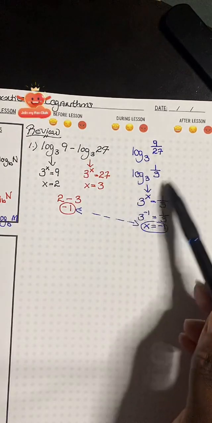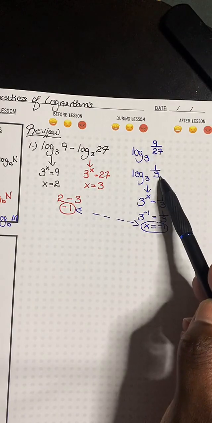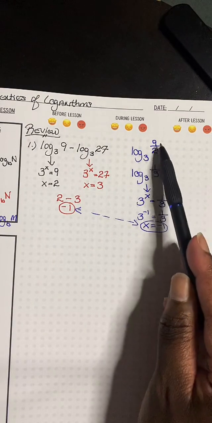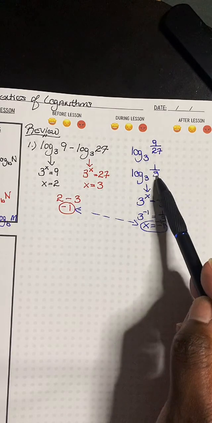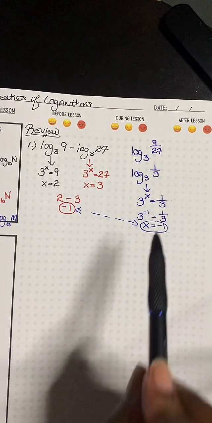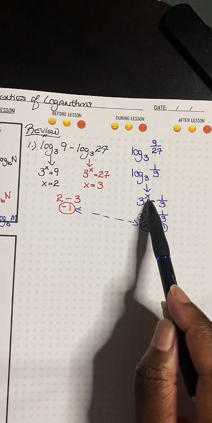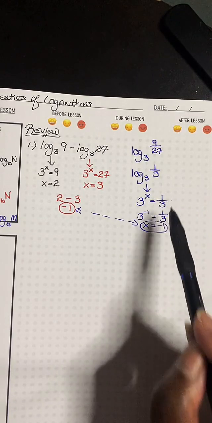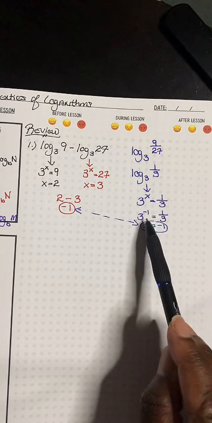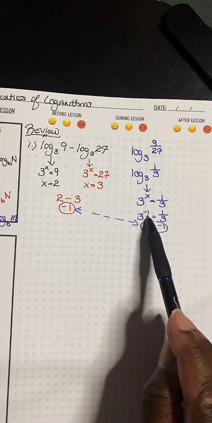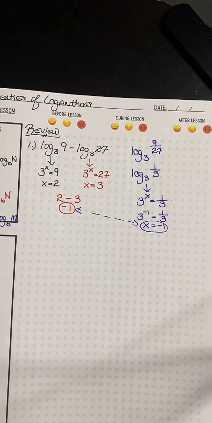Then you reduce 9/27ths, which gives me 1/3, because 9 divided by 9 gives me 1, and 27 divided by 9 gives me 3. Then we had to figure out 3 raised to what power will give me 1/3. And when I go from a whole number to a fraction, that tells me that exponent is going to be negative.